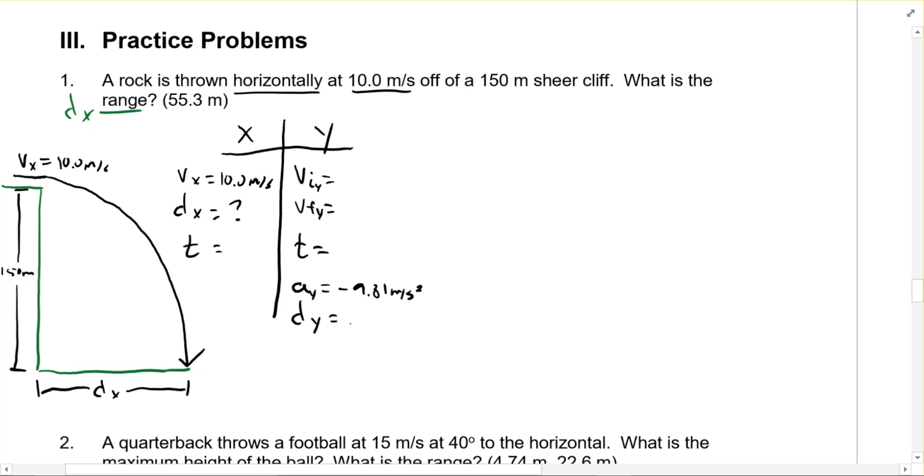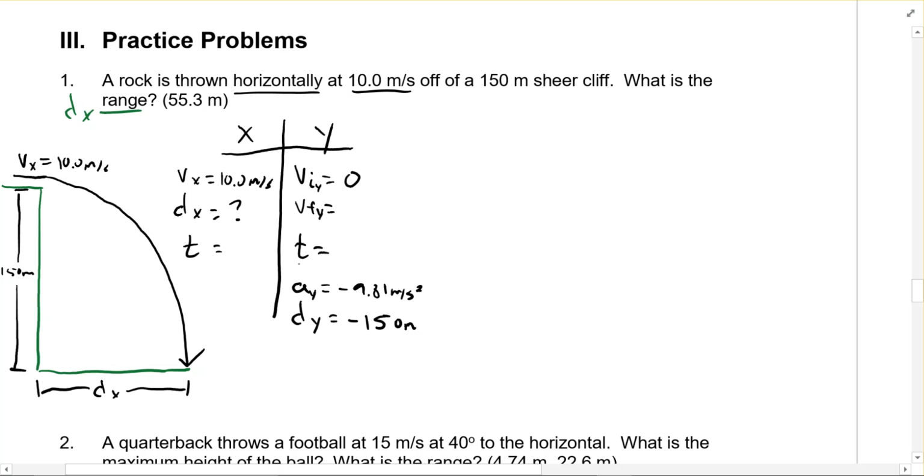I know that my distance in the y direction is going to be negative, and that's a big one because everyone forgets that, negative 150 meters. I need one more thing. What else do we know about the y direction? Well, we know the initial velocity in the y direction is 0. It's moving, but it's not moving in the y direction. All right, so we know three things. Now we can find the fourth.